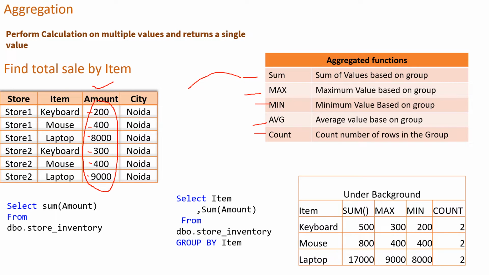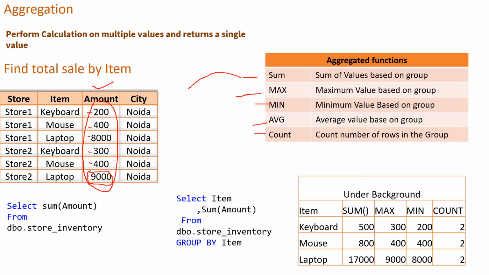Let's take another example, max. If we apply max on the amount column, it will take all the values and figure out the maximum value. The maximum value in this case is 9,000.